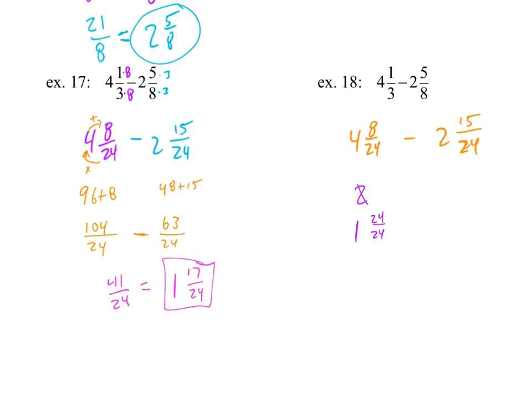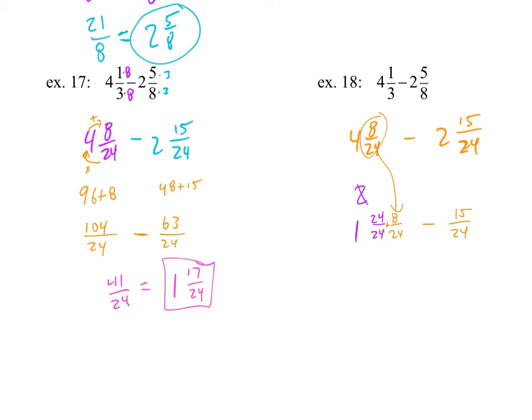Because now I've got to think about this as 1 and 24 over 24, and I have my 8 24ths still, minus my 15 24ths, because I already took away my 2.